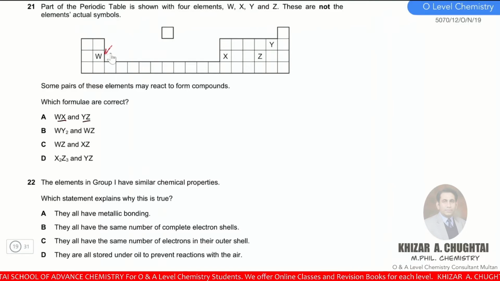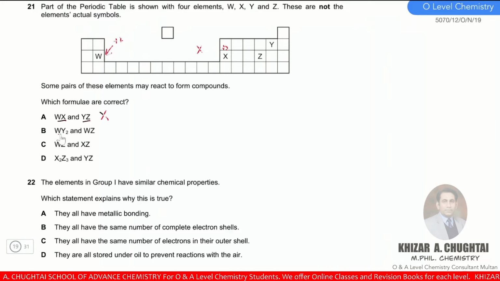W belongs to group 2, so it has a +2 charge, and X is in group 3, so it has a +3 charge. So they cannot react together. They are both metals and cannot make a chemical compound. So A is the incorrect option.